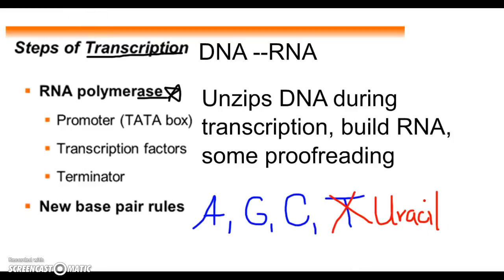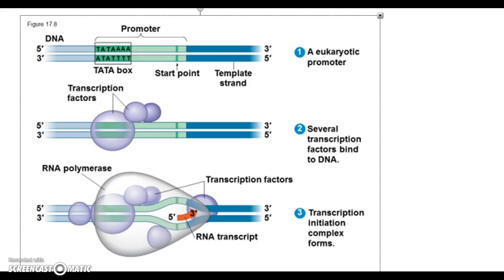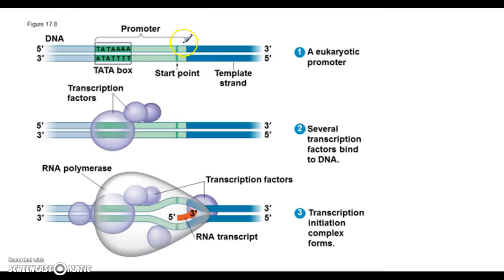Okay. So if we take a look at these three here, this promoter, transcription factors, and terminator, if we label this picture, imagine here's the actual gene. Here's the segment of DNA that codes for some kind of protein. Upstream of that gene, we're going to have a promoter region.